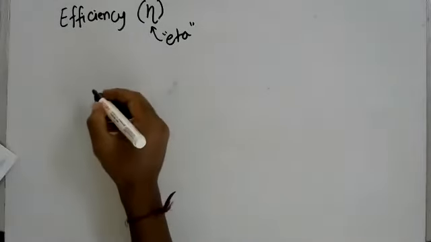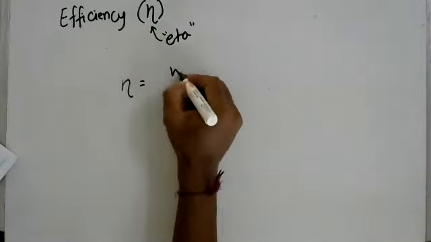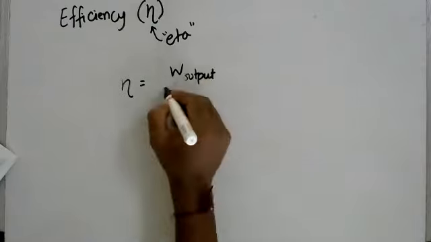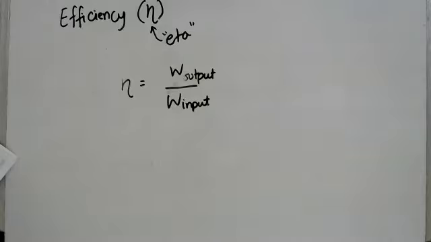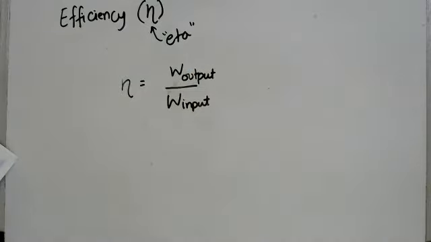So you calculate efficiency of a machine, eta, in terms of the ratio between the work output and the work input. Okay. Now, why is this important? This is important because most machines are not efficient enough to convert all of the work input into output.